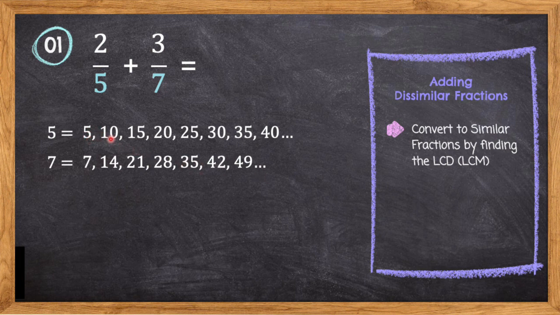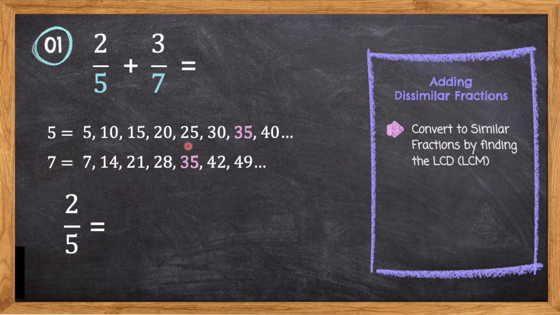Skip counting lang, or i-multiply the number given by 1, 2, 3, and so on. So, least common: common sa duha, ang pinakagamay. If we can observe, it is the number 35. Wala nay kapareho other than 35. So, siya lang atong LCD or LCM.